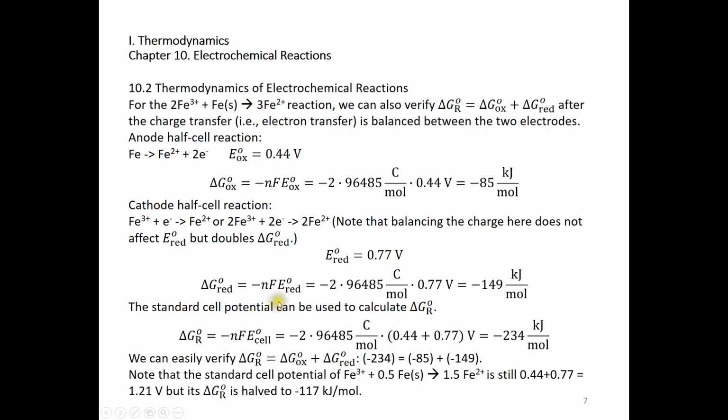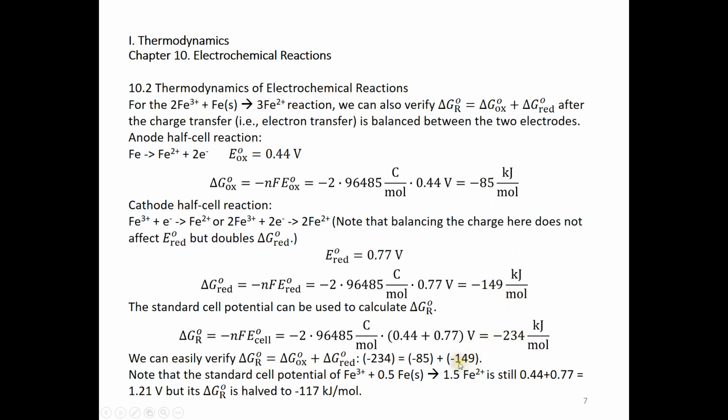And what is that? It's this oxidation potential 0.44 plus this 0.77. So plugging in the numbers, 2 electrons are transferred, we have Faraday constant, and we have the cell potential, we get negative 234 kilojoule per mole. And we can verify negative 85 plus negative 149 is negative 234.